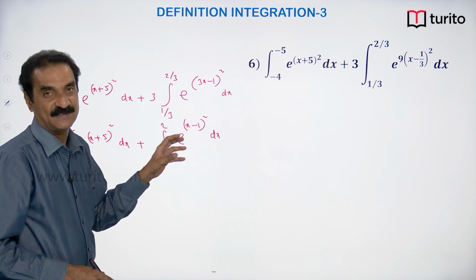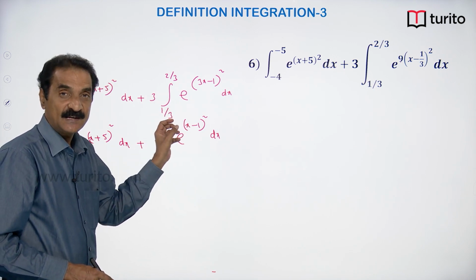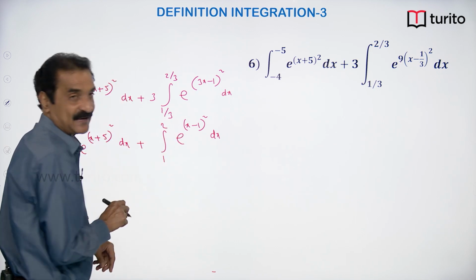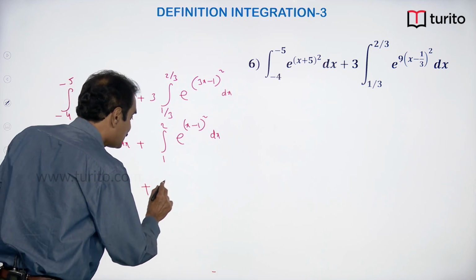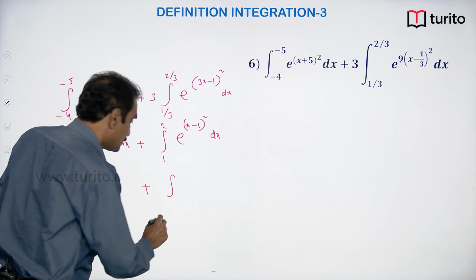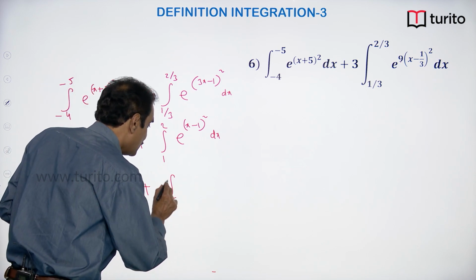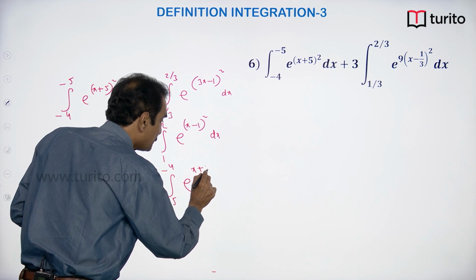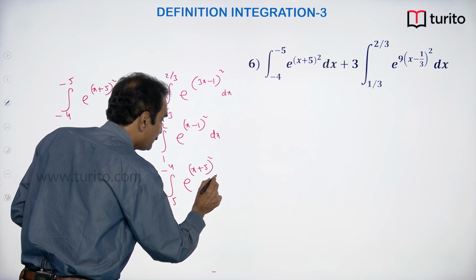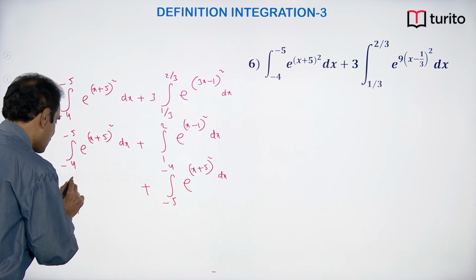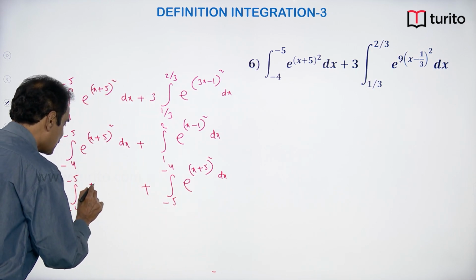Replace x by x plus 6. That means you are adding 6 to x. If you add 6 to x, you have to subtract 6 from the limits. So, this becomes minus 5, this becomes minus 4, it becomes x plus 5 whole square. First is minus 4 to minus 5 e power x plus 5 whole square.